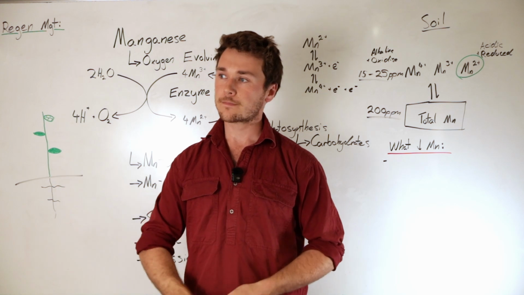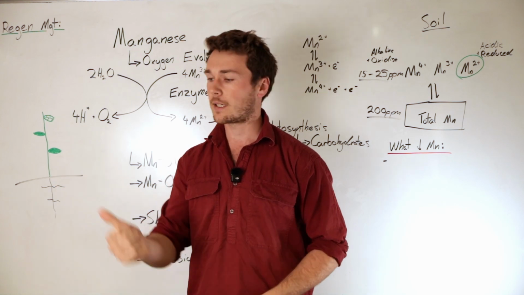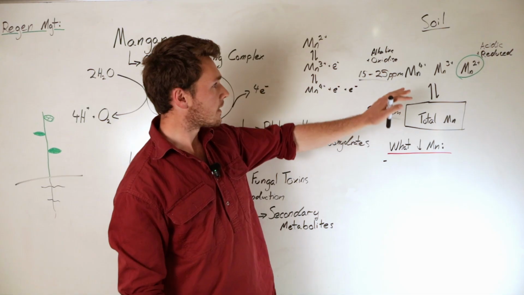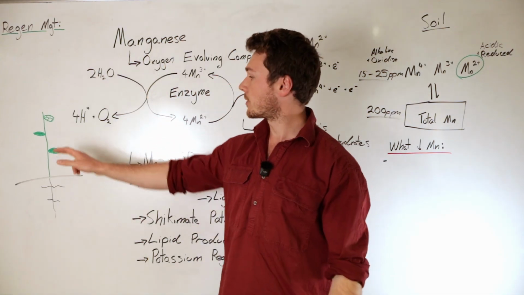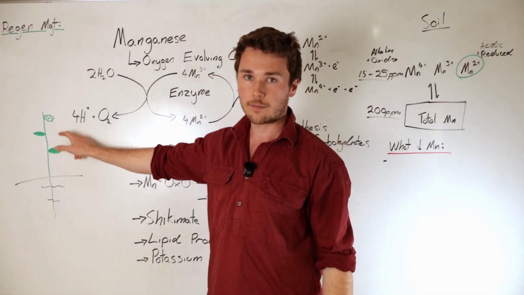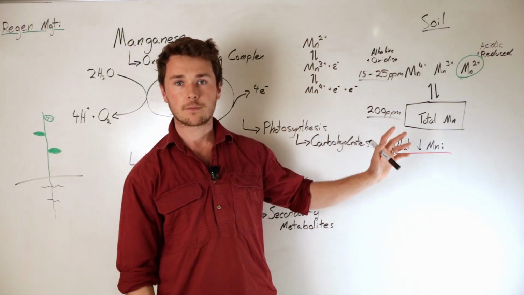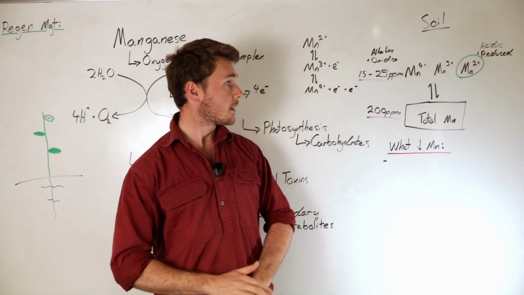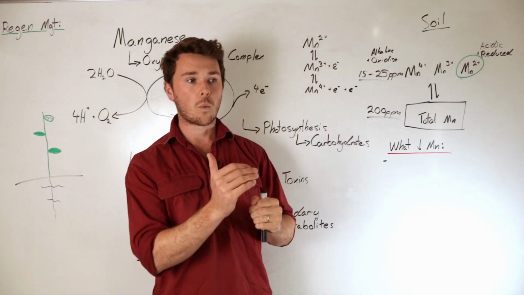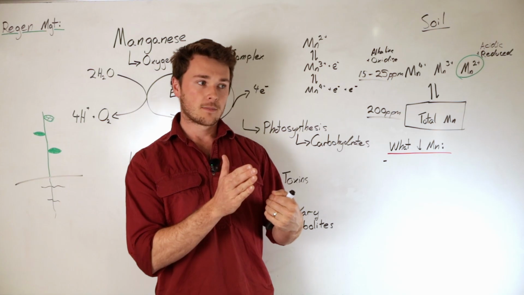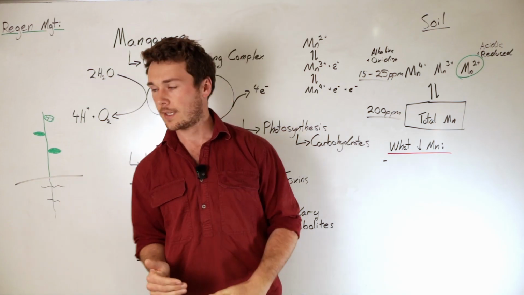And it's important, you need all three parts. You need the total, you need the available, and the differential sap test analysis to know, is it in the plant? Some people say you just need this, or some people say you just need your soil test, but really it's a combination of all three, because that will inform you what part of your system is actually the bottleneck in supplying manganese.